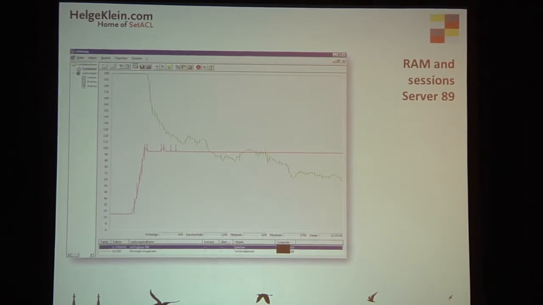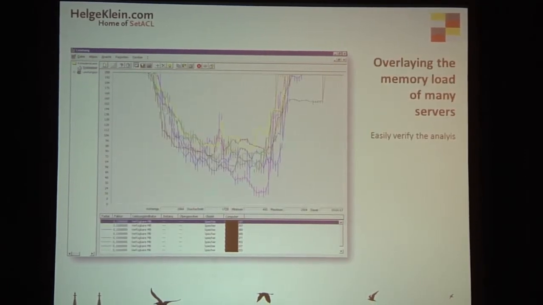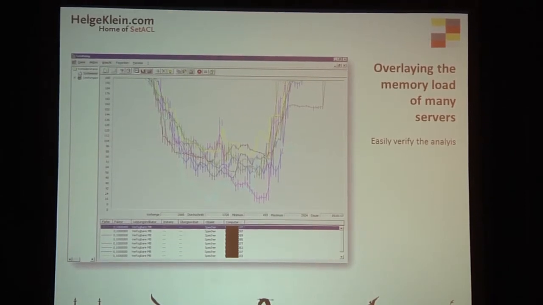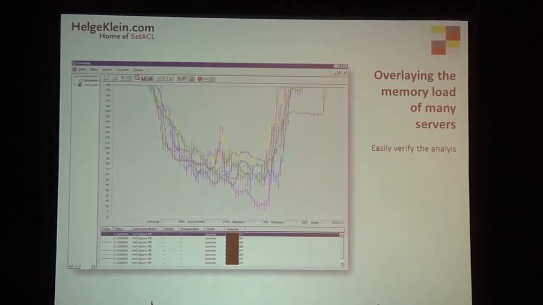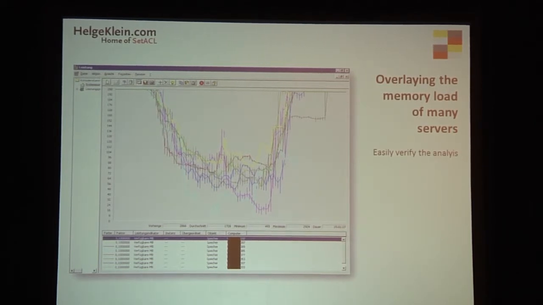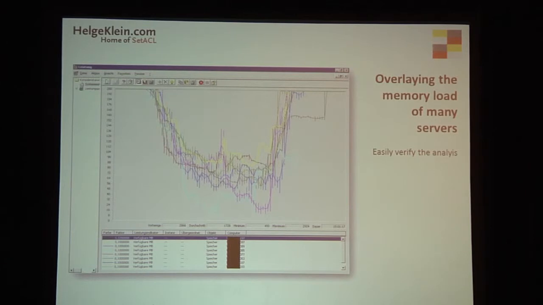Now let's again overlay the memory usage of many servers. In this graph, the time span is a little bit longer. So you'll see the morning, you'll see the day, and you also see the afternoon or the evening when people are logging off. So memory is being freed again.